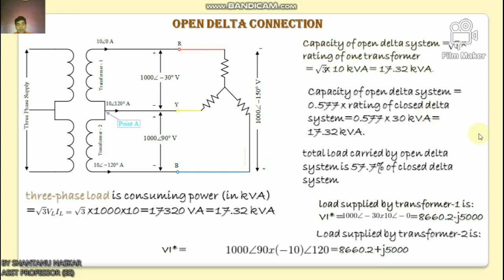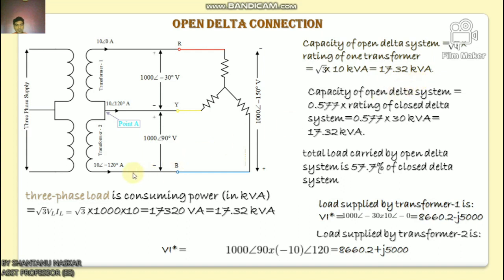So how can the value of 17.32 kilovolt ampere be calculated? We will break down this calculation here with this picture. Let us start with the relevant equation. The capacity of open delta system equals root 3 into rating of one transformer, which is root 3 into 10 kVA, which is 17.32 kVA.